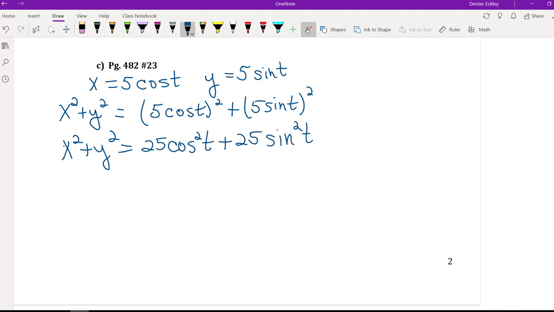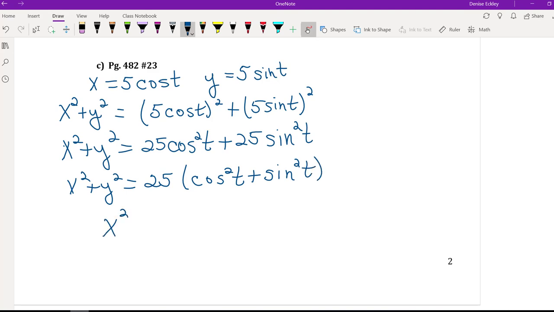And hopefully a lot of you see where we're going with this. So I can factor out a 25. And if you didn't see it, hopefully you see it now. I now have my Pythagorean identity, which equals 1. So x squared plus y squared equals 25.